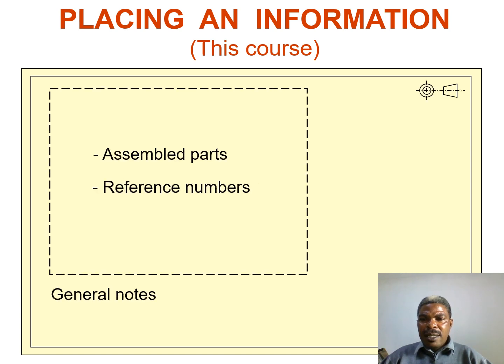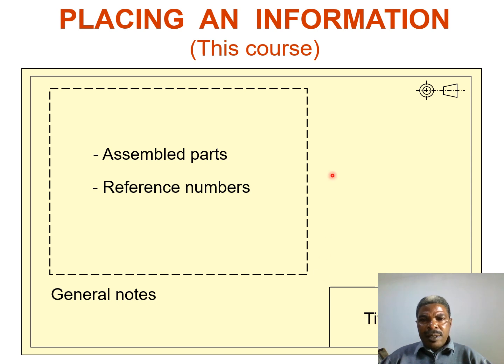Regarding the title block, how are you going to place this information? The assembled parts should be placed in this part of your sheet, followed by general notes here, and here is the type of projection, and here is the title block.